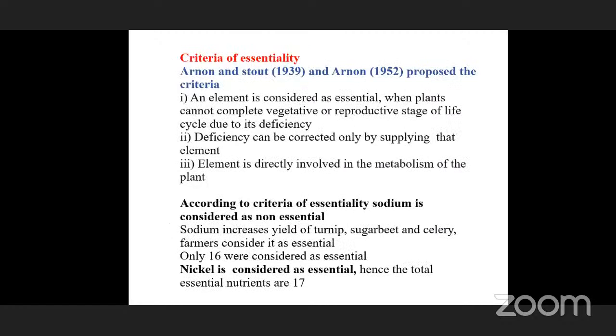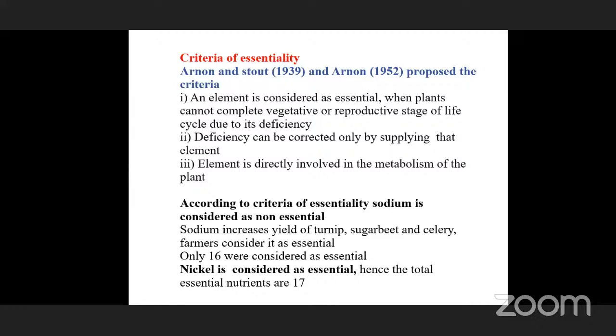Next, criteria of essentiality. It was given by Arnon and Stout in 1939. Then again, it was redefined by Arnon in 1952. On Earth there are various elements, but not all elements are considered essential. So for an element to be essential, it has to meet these three criteria.